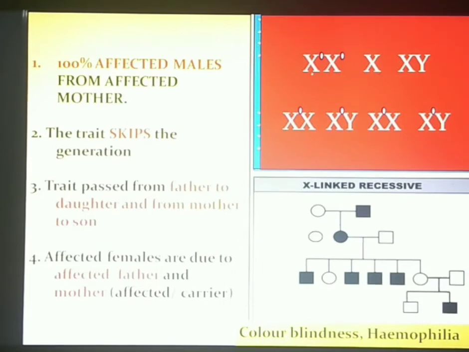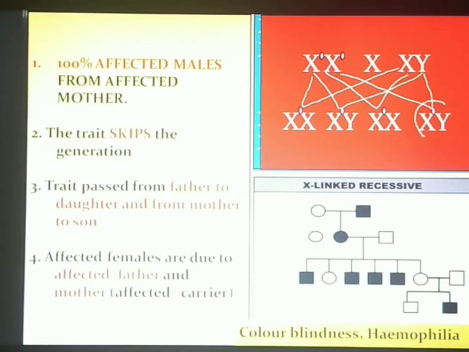It is the affected one. So when we do the cross, we see that all the males will have this disease, right? Whereas the females are the carriers of the disease, so they won't show this trait. They will be normal.